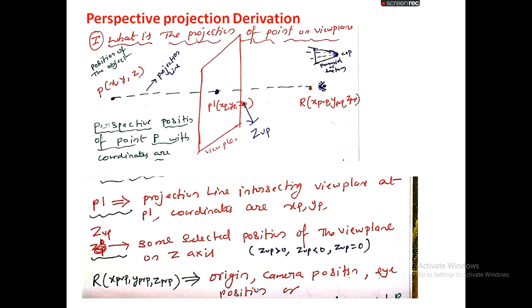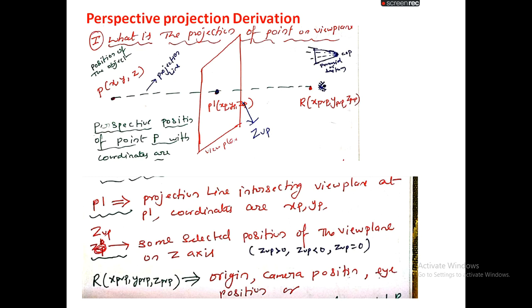When the dashed line is perpendicular to the view plane, we are viewing the point P along the z-axis. I will repeat, we are viewing that point along the z-axis, meaning the third dimension is the z-axis.